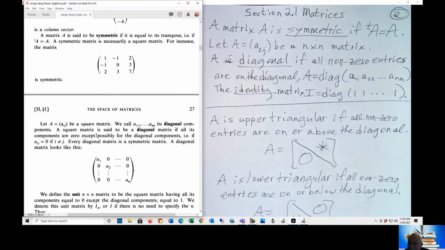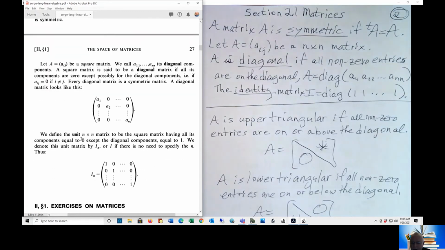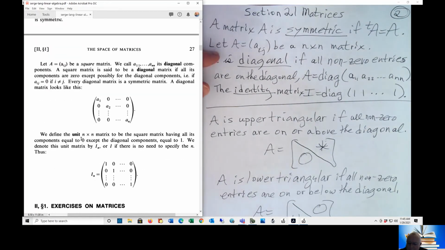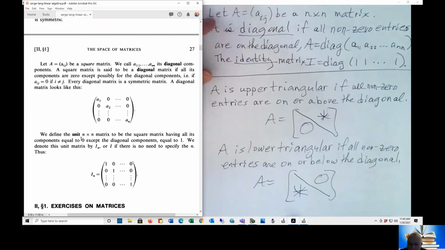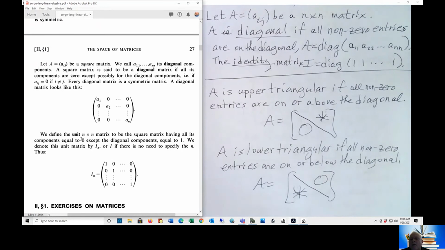And then, of course, you know what the identity matrix is. The identity matrix is the diagonal matrix with ones on the main diagonal and zeros above and below the main diagonal. Then there are a couple more definitions here. A matrix A is upper triangular if all of the non-zero entries are on or above the main diagonal.